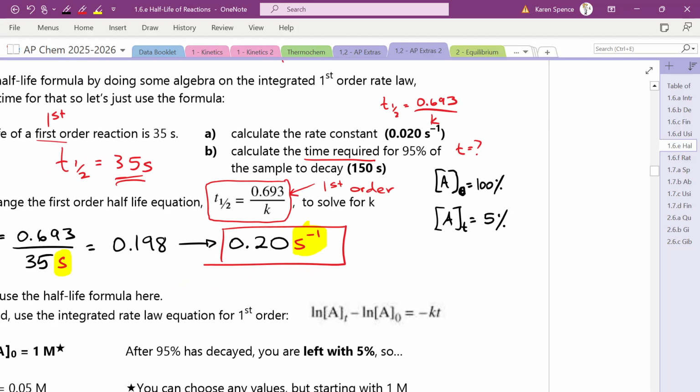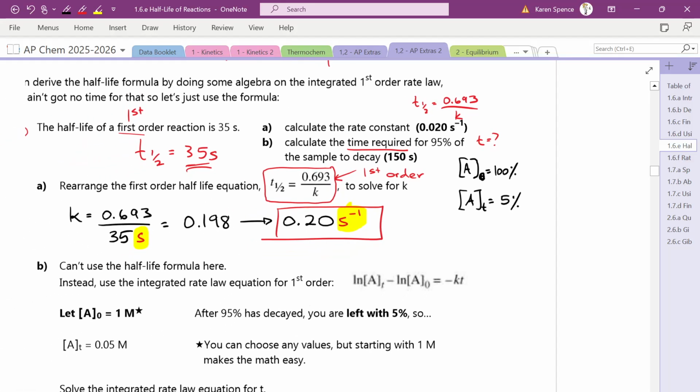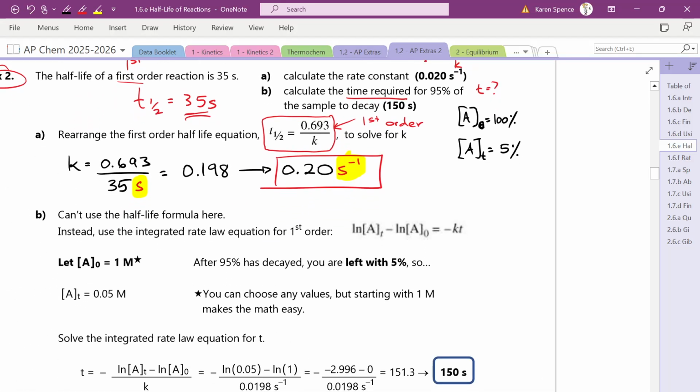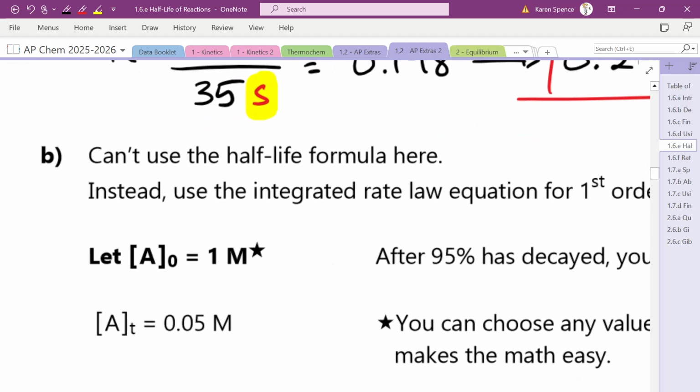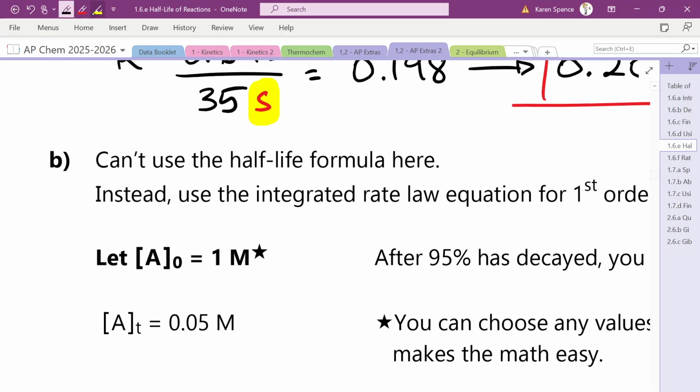Okay. So we're going to say let, and this is important, or you could say assume, A at time 0 is equal to 1 molar. You could also say 10 molar, okay?